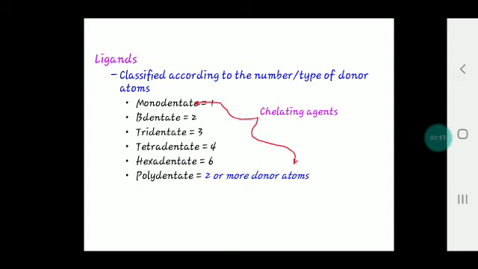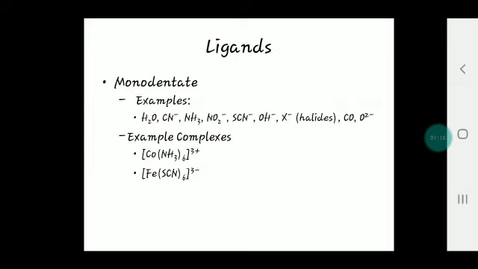Depending upon the number of donor sites, ligands are classified as monodentate, bidentate, tridentate, tetradentate, hexadentate, and polydentate.